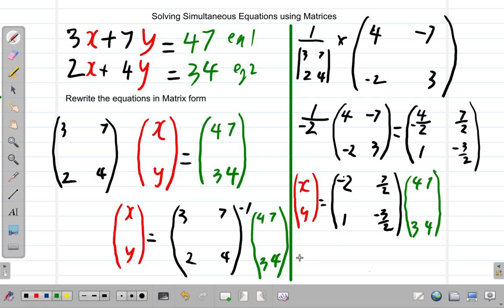Let's try to squeeze our work in the little space that we have down here. So x, y will be equal to, remember now, row times column. You multiply negative 2 by 47. This kind of looks like 41, so let me put this tick on top of the 7 to make it clear.